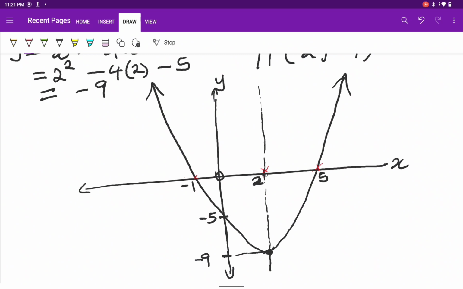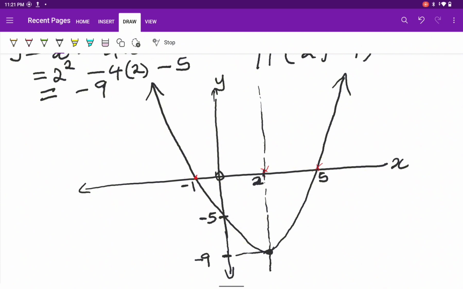So we can use it to get any missing point, like if this negative 1 was not there. But we have the 5, so we would be able to get it. I hope you understand that. Right, so we have seen how we sketch the graph.